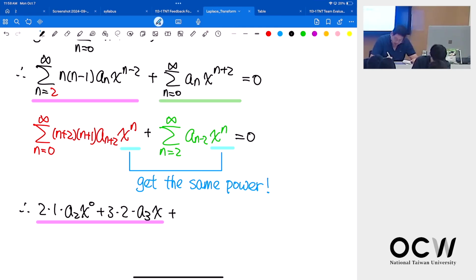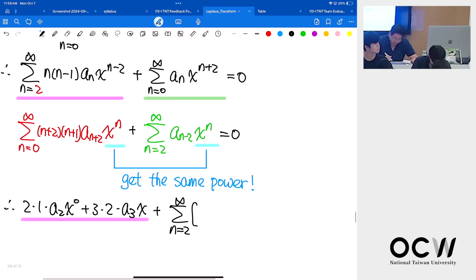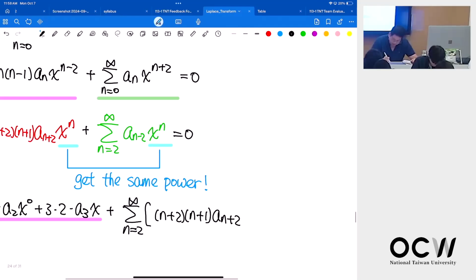And then we can have the summation n from 2 to infinity. So I combine the red and green. I have n plus 2 times n plus 1 times a_(n+2). And the other coefficient is a_(n-2). That is x to the n. This should be 0.